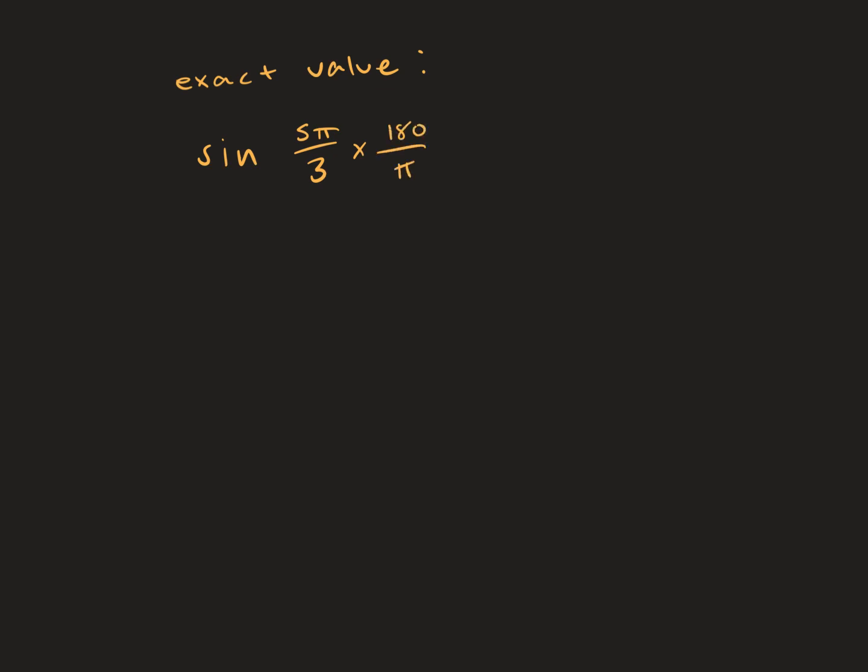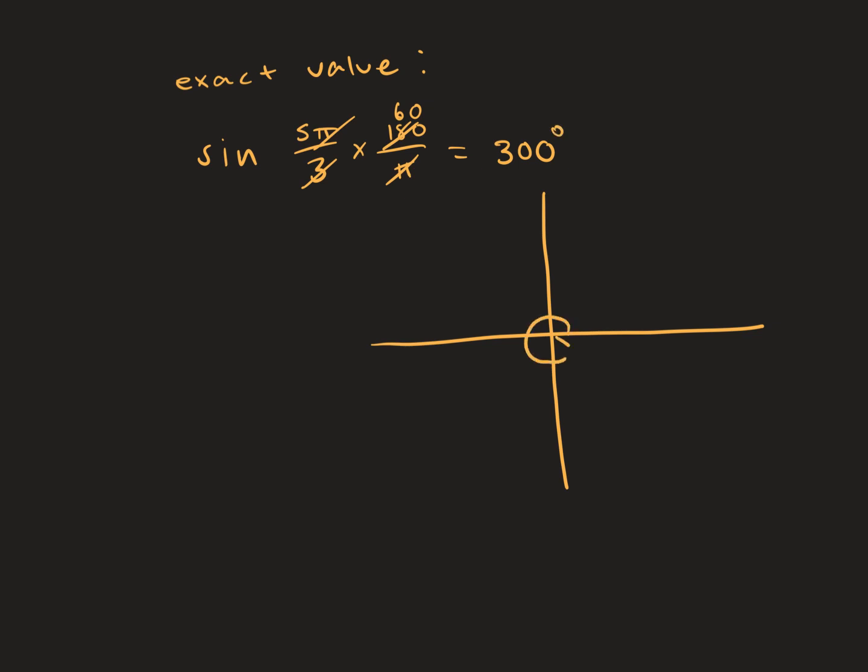No, because we can use our special right triangles. So 3 goes into 180 60 times. So 5 times 60 would be 300. 300 degrees. So this is 300 degrees, which would be in the fourth quadrant.